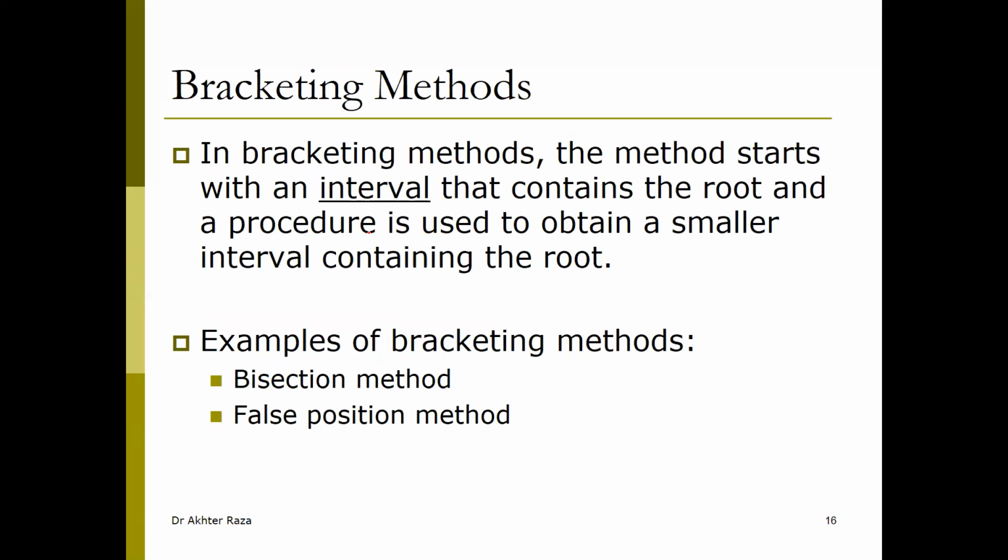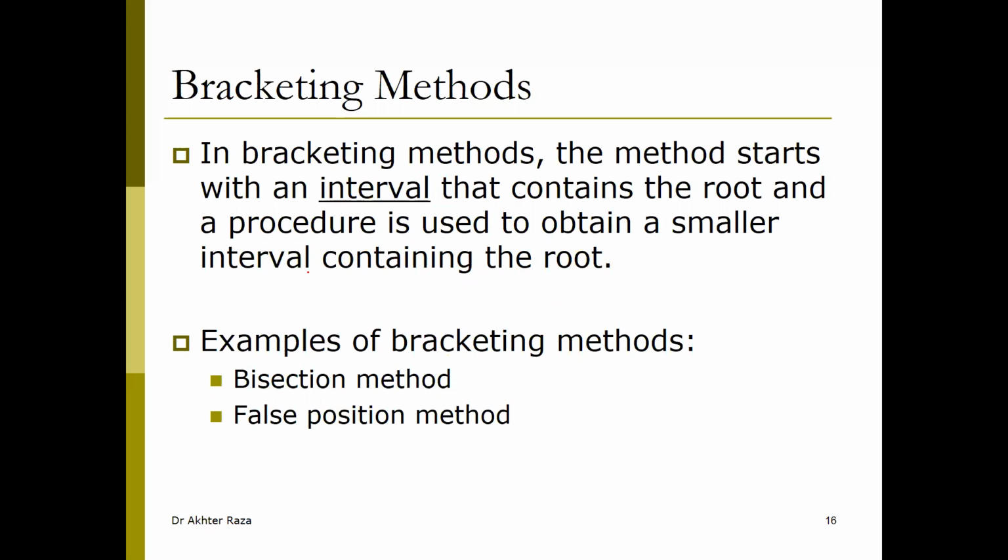Bracketing method, as I told you, we have to guess an interval. So a guess is needed, and we have to search for the root by considering the midpoint. In the given interval, we obtain the middle value and check whether the root exists within the interval or not.